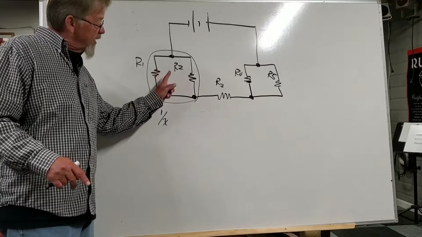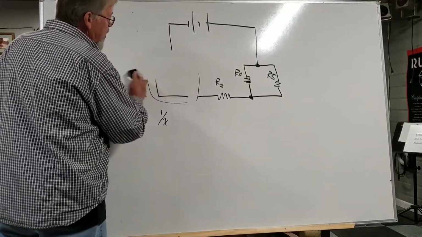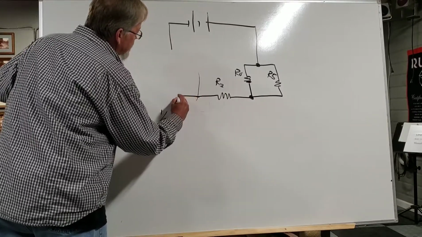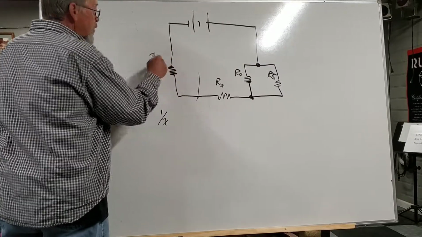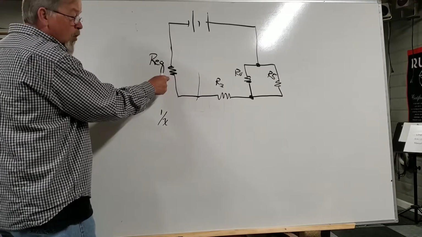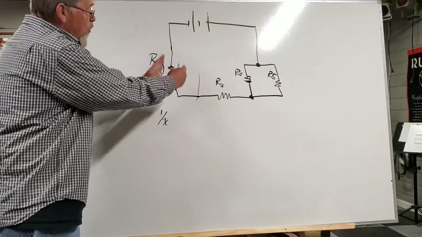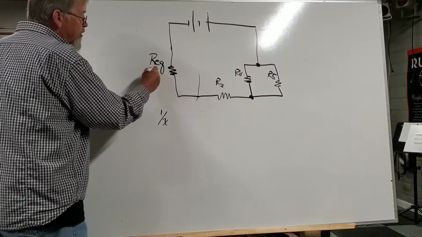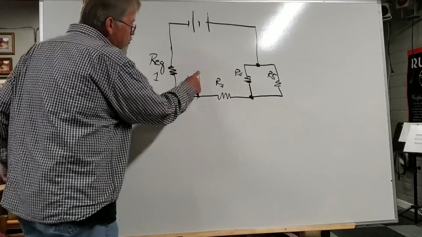So look, we're going to take this and we're going to turn it into REQ, equivalent resistance. Now remember, this one resistance is what we got when we did 1 over 1 and 1 over 2 and added them together. This value becomes our equivalent resistance, and that's REQ number 1. Okay? And so that's what we have.